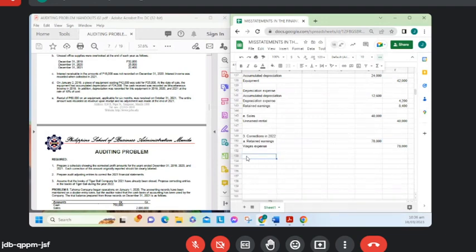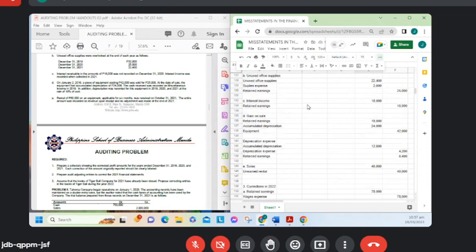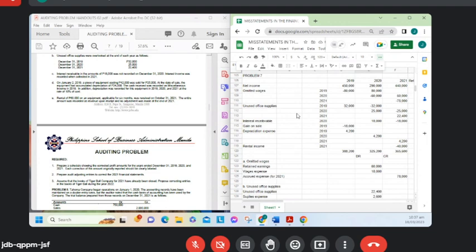So wages expense. Letter B, supplies expense, amounting to 22,400.